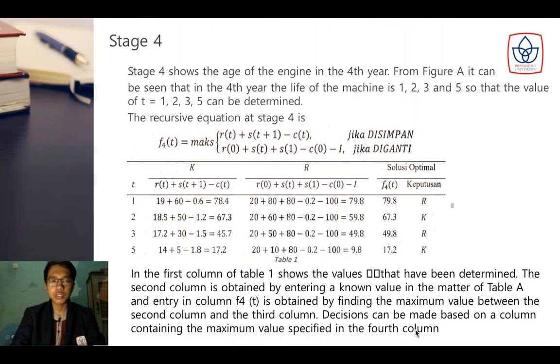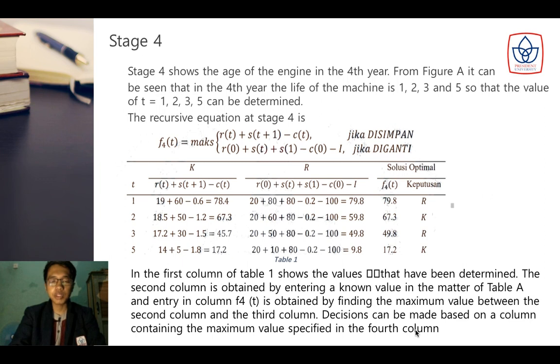Stage 4 shows the age of the engine in the 4th year. From figure A, it can be seen that in the 4th year, the age of the machine is 1, 2, 3, and 5, so the value of T, 1, 2, 3, and 5 can be determined. The recursive equation in stage 4 is formulated like this.